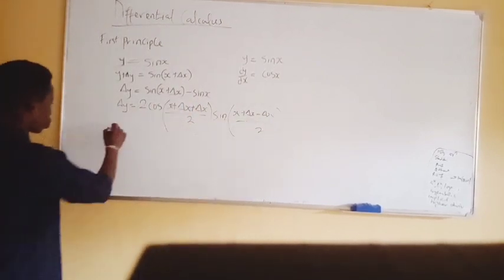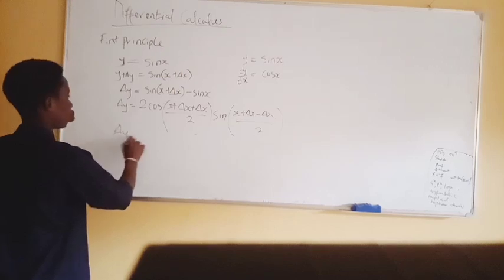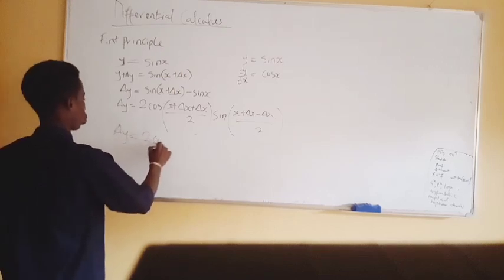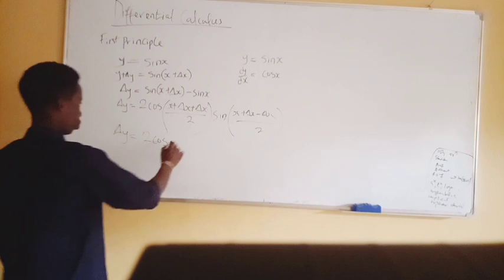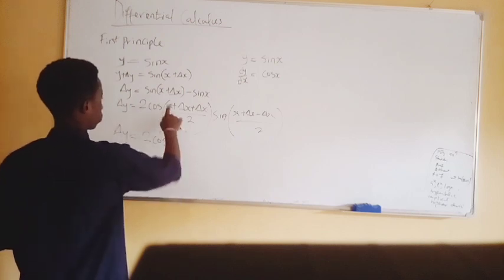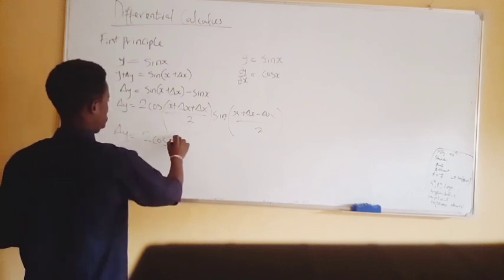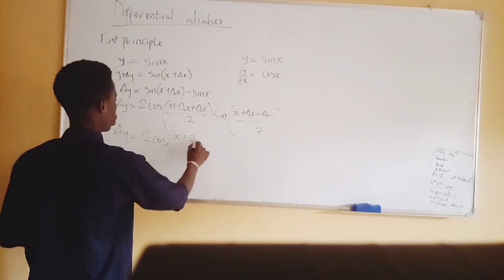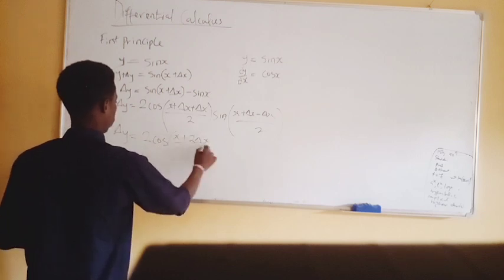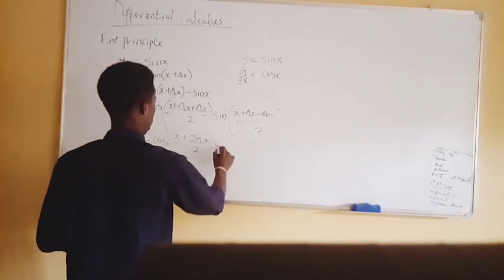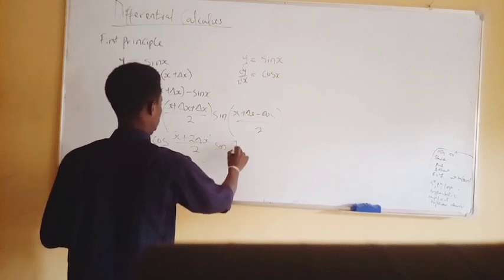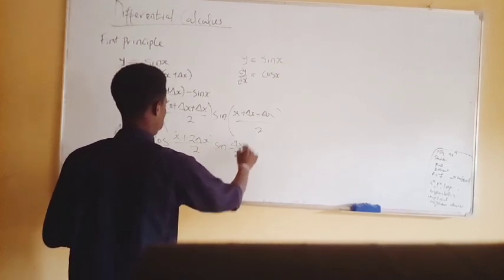So this gives us delta y is equal to 2 cos of 2x plus delta x over 2, sine of delta x over 2.